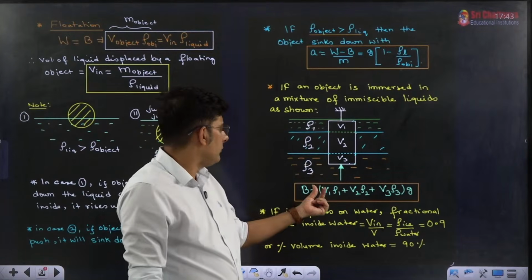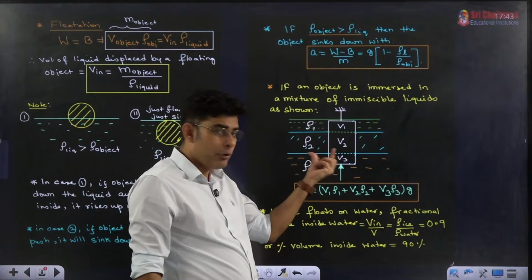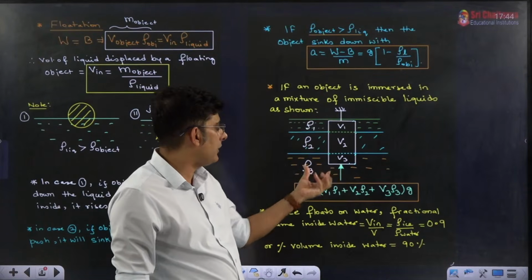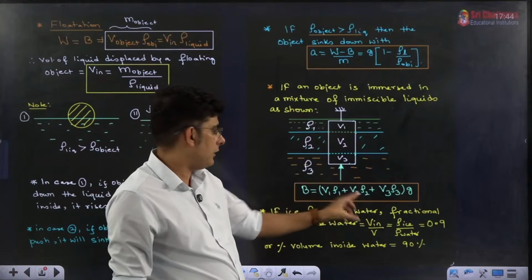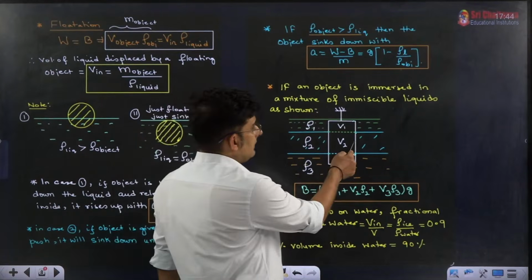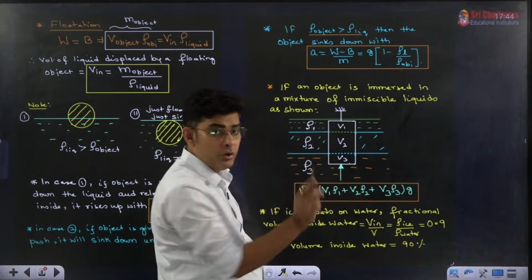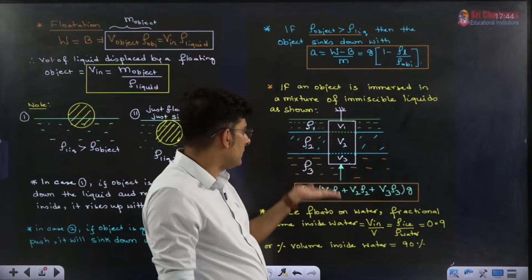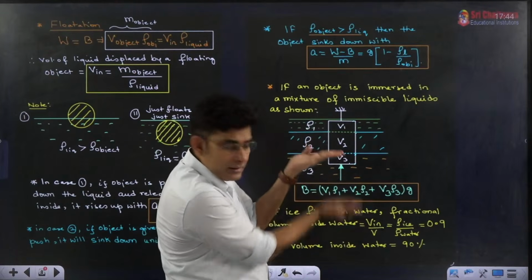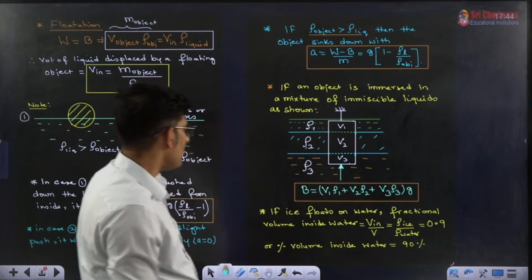Simple technique: V1 rho 1 plus V2 rho 2 plus V3 rho 3, whatever volume it is occupying in different liquids, just multiply by the density of that liquid, add all, into g. Students have confusion, they think that this liquid is exerting this buoyant force, this liquid is exerting this buoyant force. No, it is the total net buoyant force which is exerted from the base of the lowermost liquid.